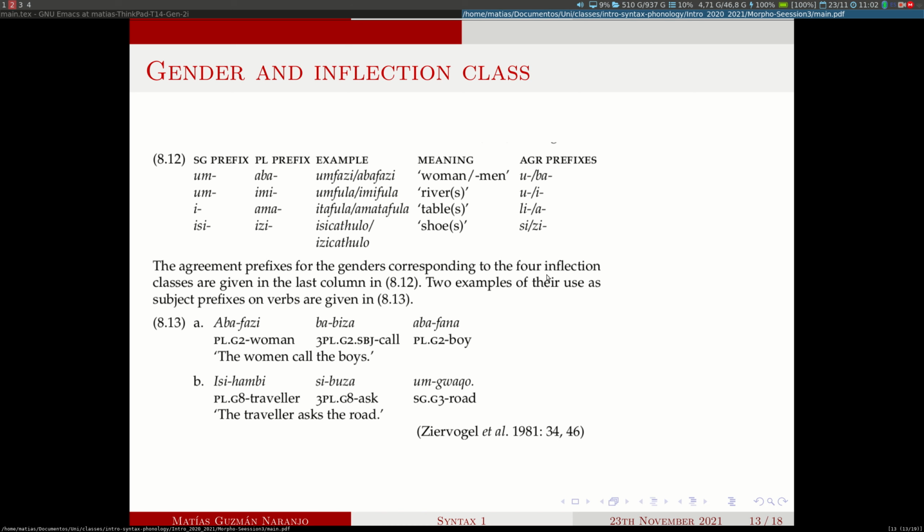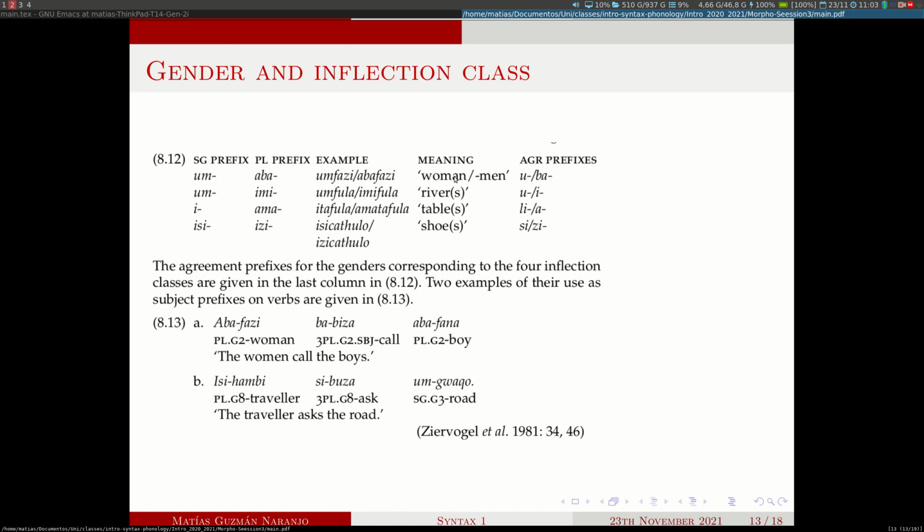There's also a very strong relation between inflection class and gender. Here are some examples of gender assignment in Zulu. And here you have a singular prefix, a plural prefix, and an example noun that goes with these affixes.